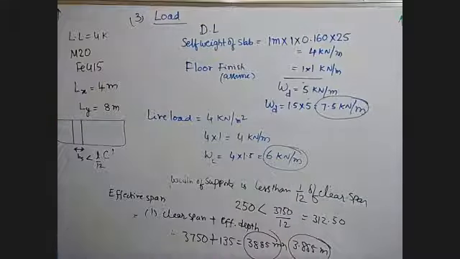Now you have dead load and live loads. Using the formulas MU1, MU2, MU3, MU4, calculate the bending moment, take the maximum of the positive and negative bending moments, and design the beam. Calculate AST values.